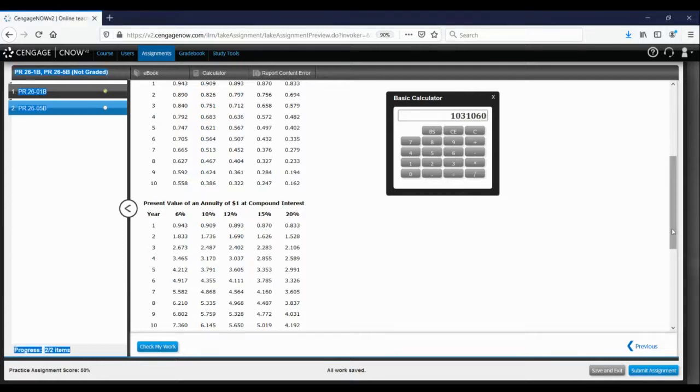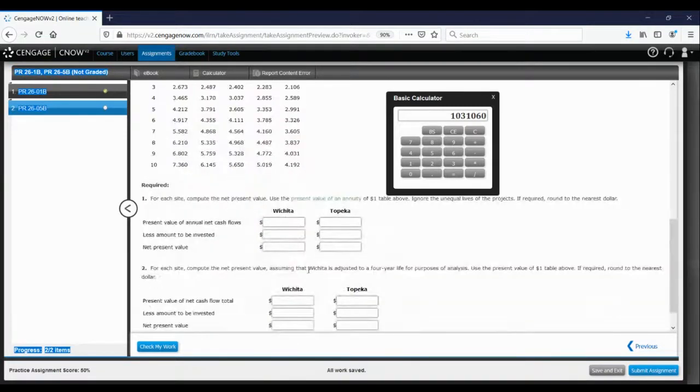So the present value of the Wichita is $1,031,060.